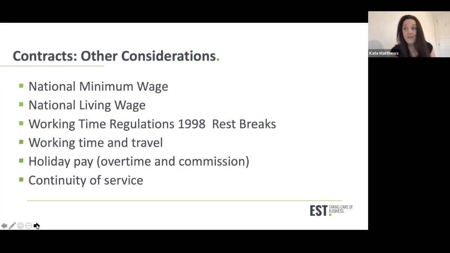So if an employee is a home-based worker, for example, and they travel from their home to their first appointment, or from their last appointment home, that is considered to be working time under the working time regulations. Now, it doesn't necessarily have to be paid time, but it does count for rest breaks.